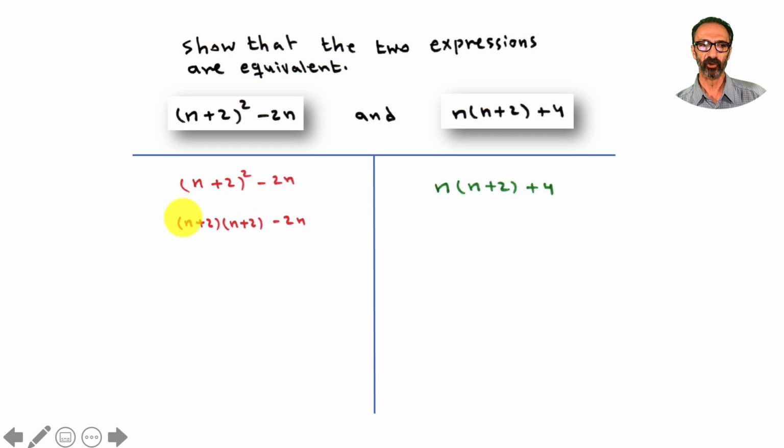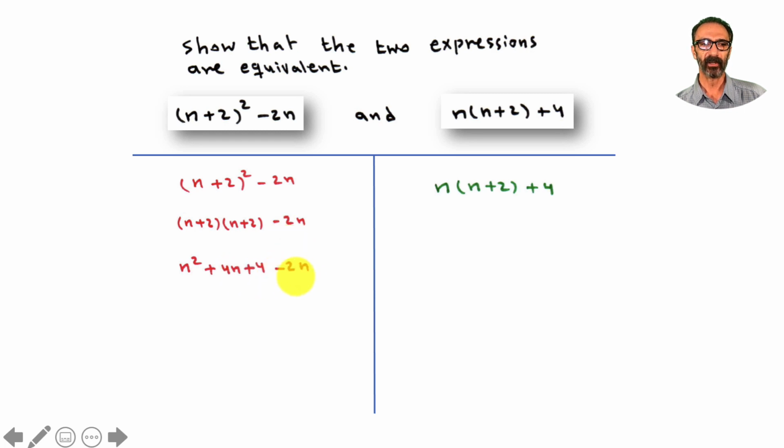I could use the distributive property, so I get n squared, and I get 2n, and I get 4, and I also get another 2n from this and that. 2n and 2n is 4n. So I have n squared plus 4n plus 4 minus 2n.